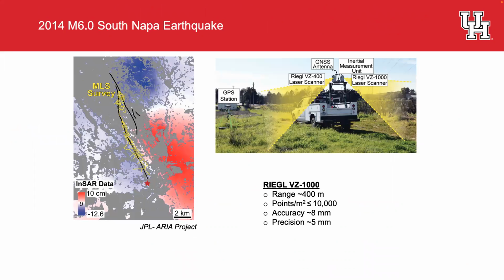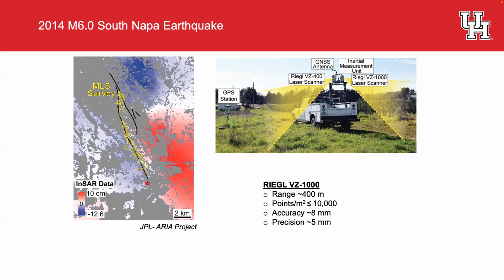Unfortunately, along the South Napa earthquake, we did not have mobile laser scanning before the earthquake. All we had was laser scanning afterwards. One of the things I didn't know about earthquake faults before I started studying them was that they are not deterministic events. When an earthquake happens, all of the motion doesn't happen instantaneously.